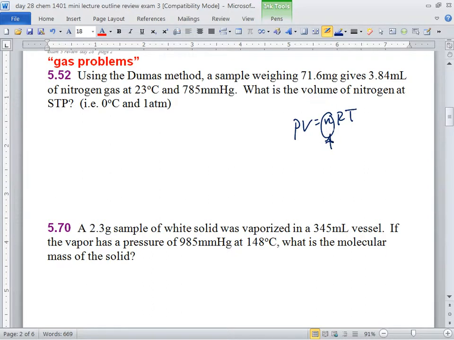You'd have to find the moles, which means you'd have to know grams or something. Is this nitrogen? That's just sample information. Problems that give you extra stuff are always much more complicated. So PV equals nRT is not going to get you where you need to go. It's not going to work.